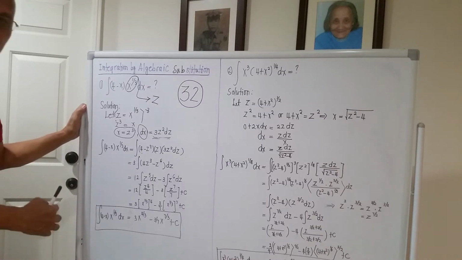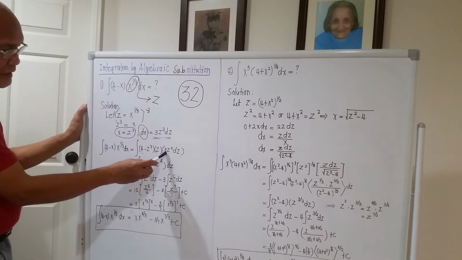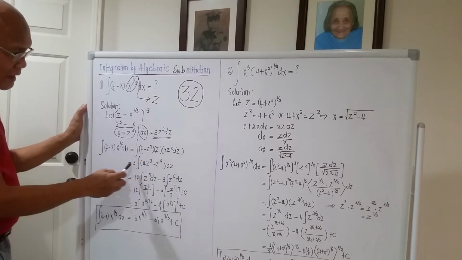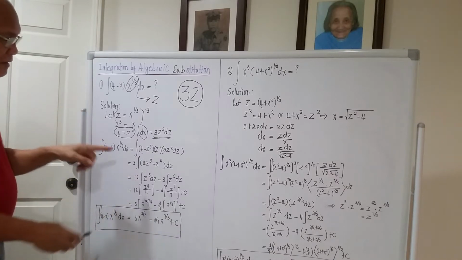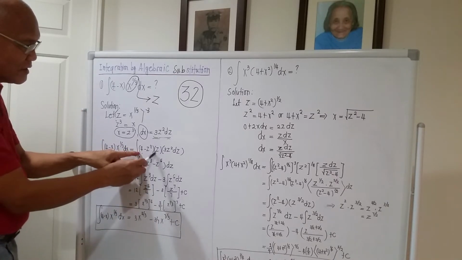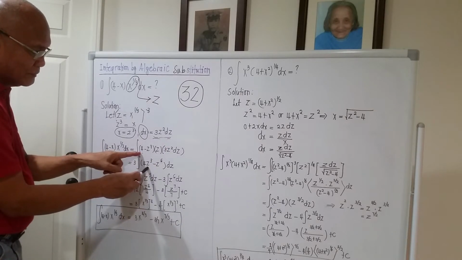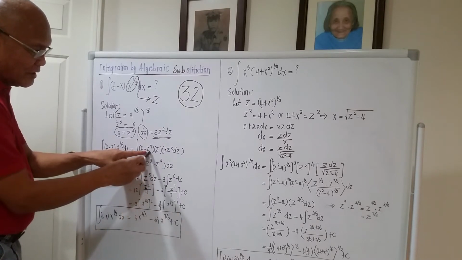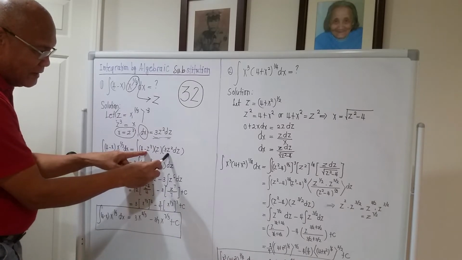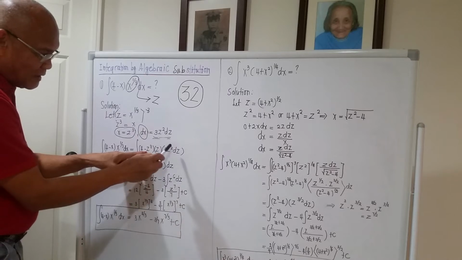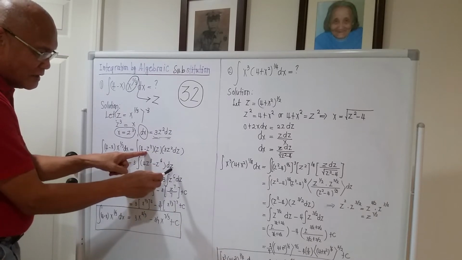Expanding. This 3 here is a common factor. I bring it out, times the integral. 4 times z times z squared is 4z cubed, minus z cubed times z times z squared. 3 plus 1 plus 2, this will be 6, close quantity dz.